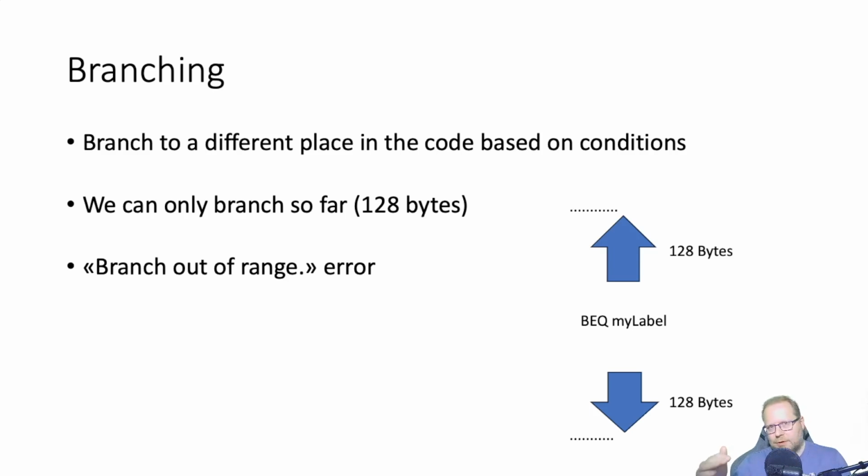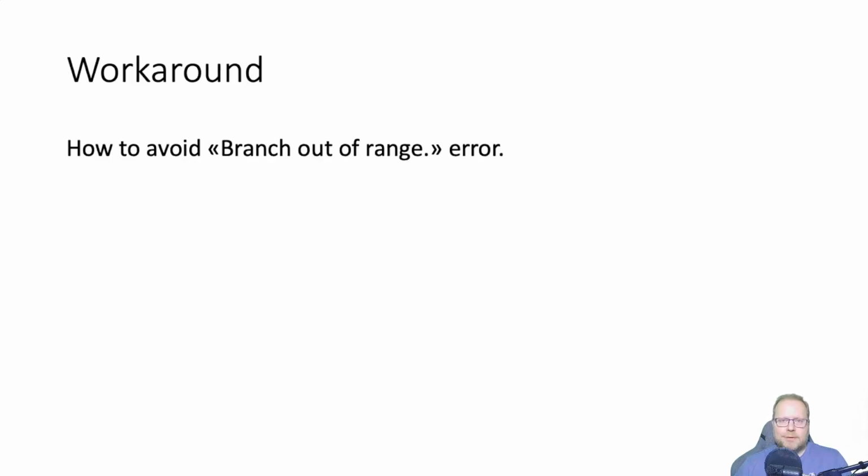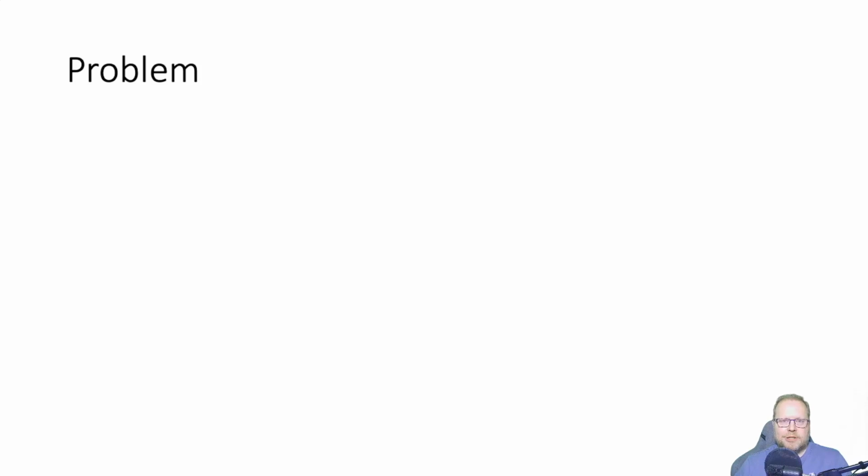So you write a lot of code, you're really excited, you get stuff to work, and then you run into this branch out of range error. How can we fix that? Well, there's a workaround for that. Quite simple workaround, actually. So this is how to avoid branch out of range error. So first, let's look at the problem.